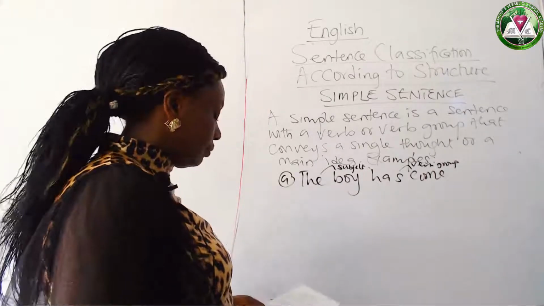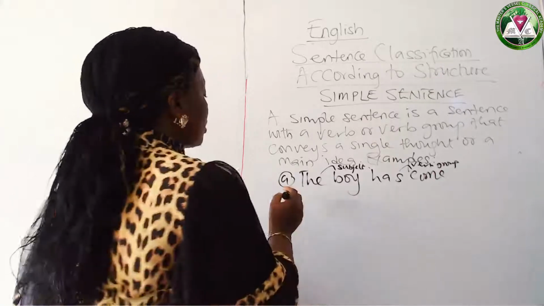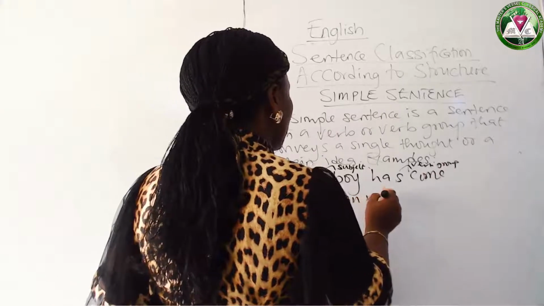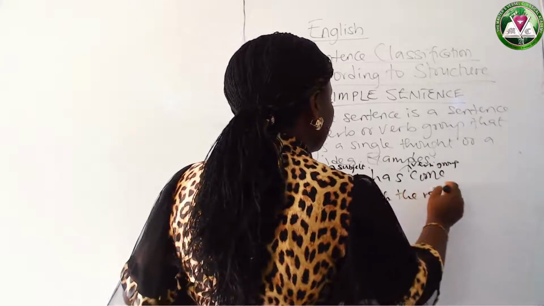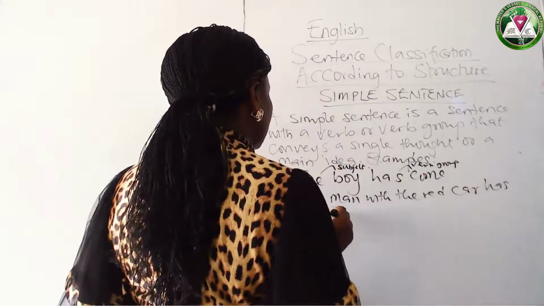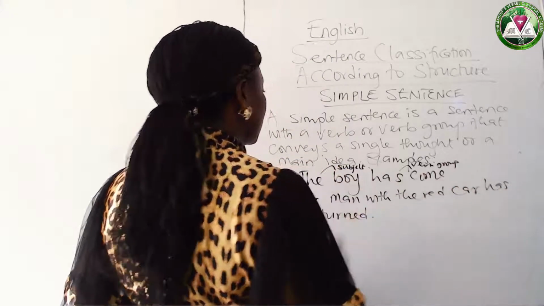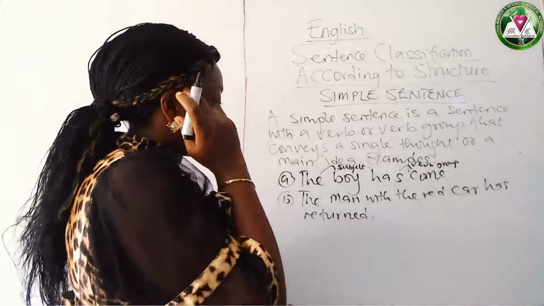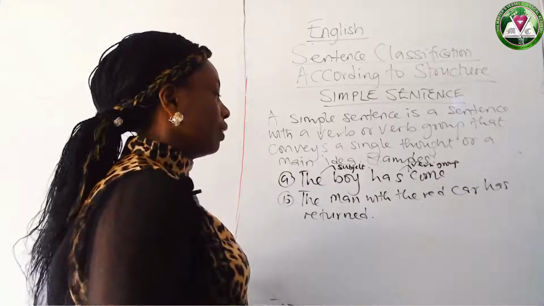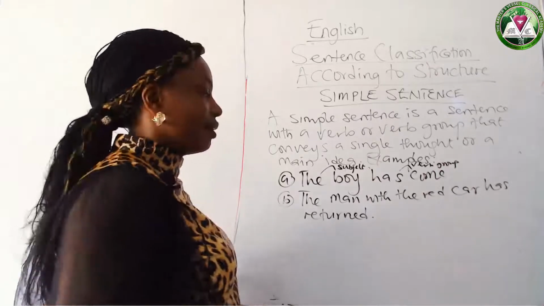The man with the red car has returned. We are just talking about, okay, the man with the red car has returned. Still a single thought. What are we talking about here? The man with the red car has returned.